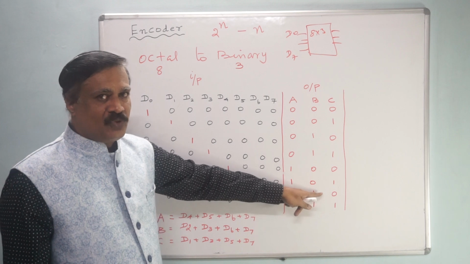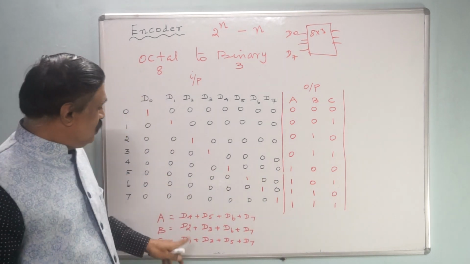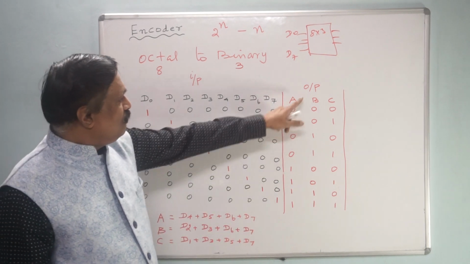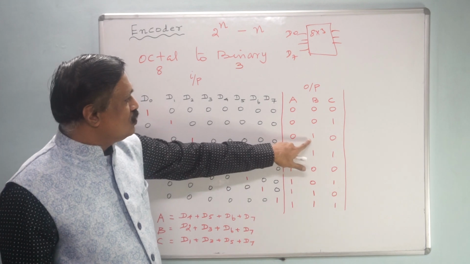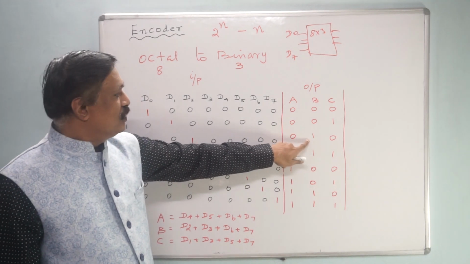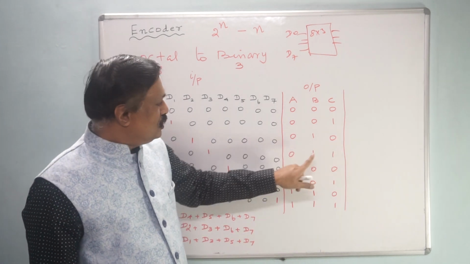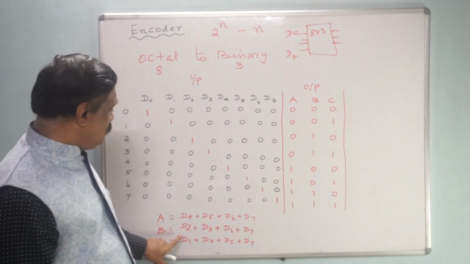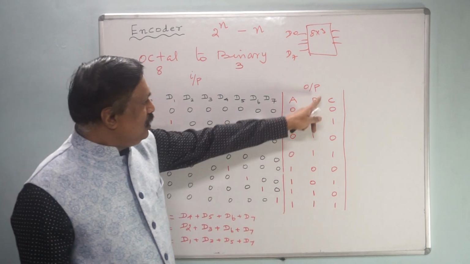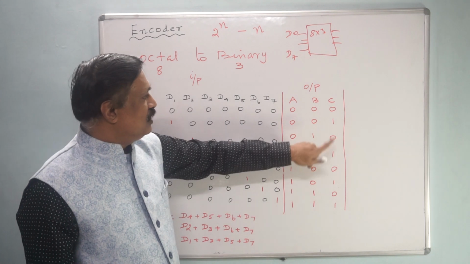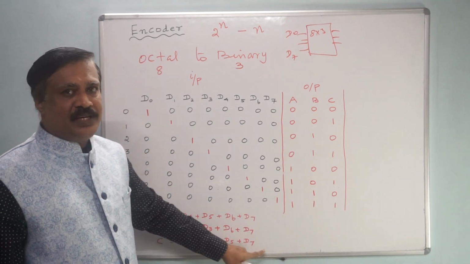Now for B, how many ones? 1, 2, 3, 4. These belong to binary 2 and binary 3, you can easily understand. That means B equals D2 plus D3 plus D6 plus D7. And what about C? It is alternately 1, 3, 5. Therefore C equals D1 plus D3 plus D5 plus D7.